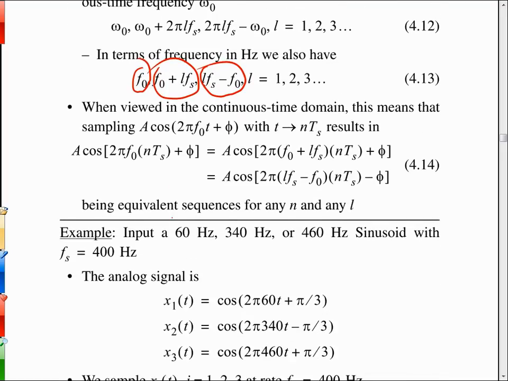Or boiling that down to the cosine form, like on the previous page where there's an arbitrary phase thrown in, the F naught frequency sinusoid is equivalent to F naught plus LFs with the plus phi thrown in, or if the equivalent frequency is LFs minus F naught, then the samples will be equivalent if we take into account the minus phi value.